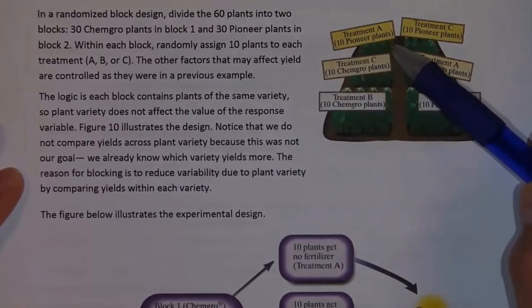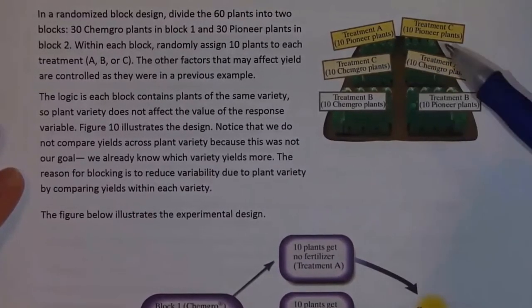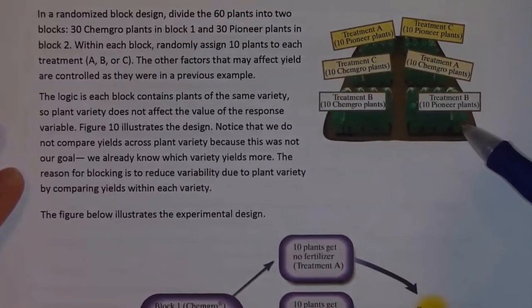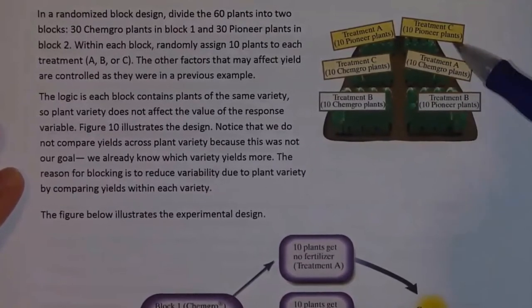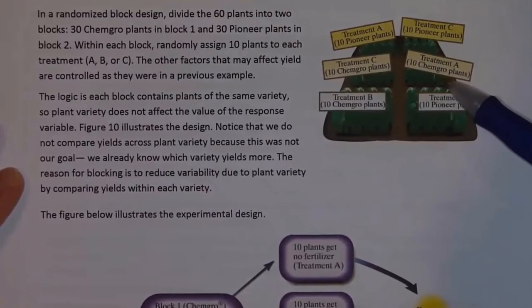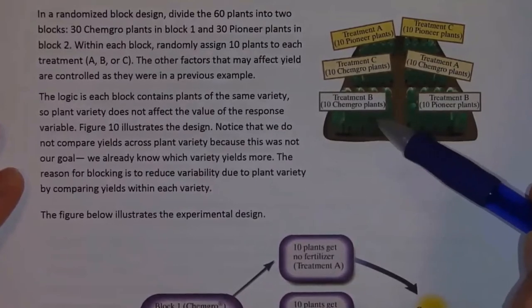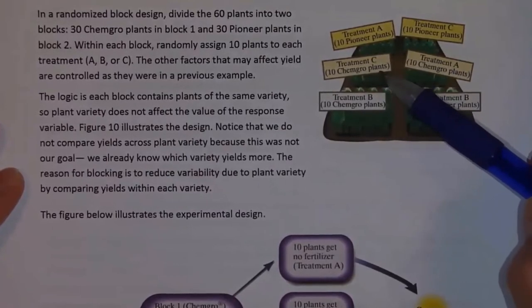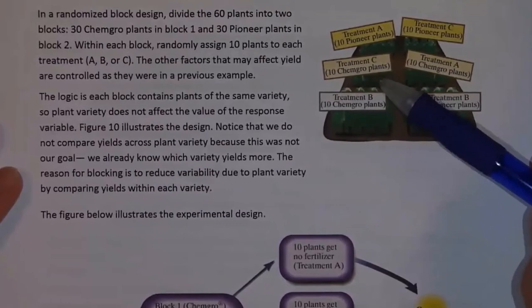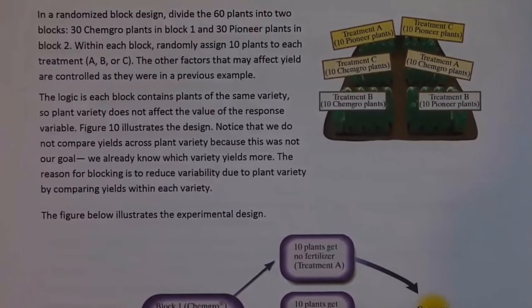So we got 10 Pioneer plants here getting treatment A. We have 10 Pioneer plants here getting treatment B. And we have 10 Pioneer plants here getting treatment C. And then we also have 10 Kimgrow getting treatment A, 10 Kimgrow getting treatment B, and 10 Kimgrow getting treatment C. So that's sort of the idea of blocking.